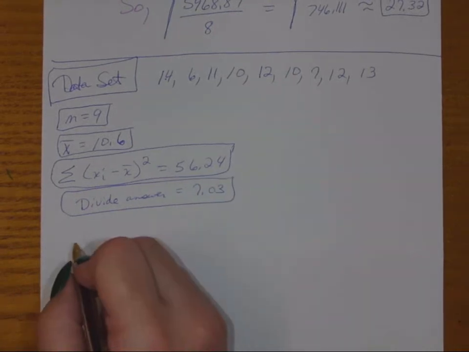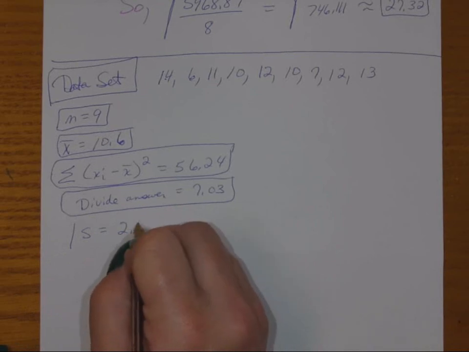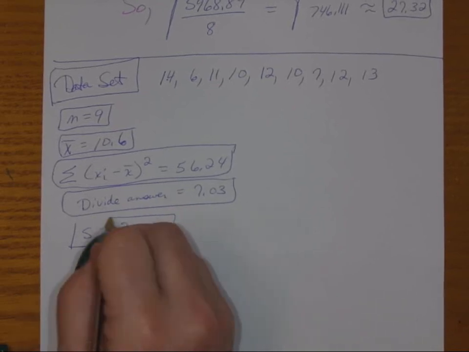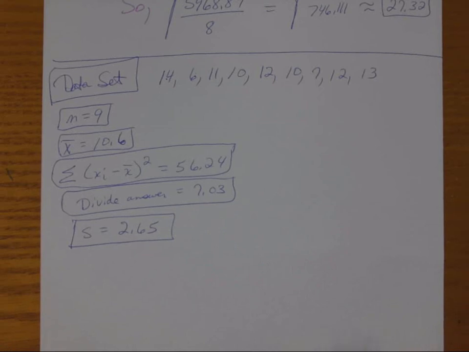And I think my final answer, my standard deviation, is 2.65. I told you, this is the most mathy concept, I think. So don't get stressed out just because there's a lot of math all of a sudden. It is the most mathy topic you're going to have, and I think you're going to be okay.